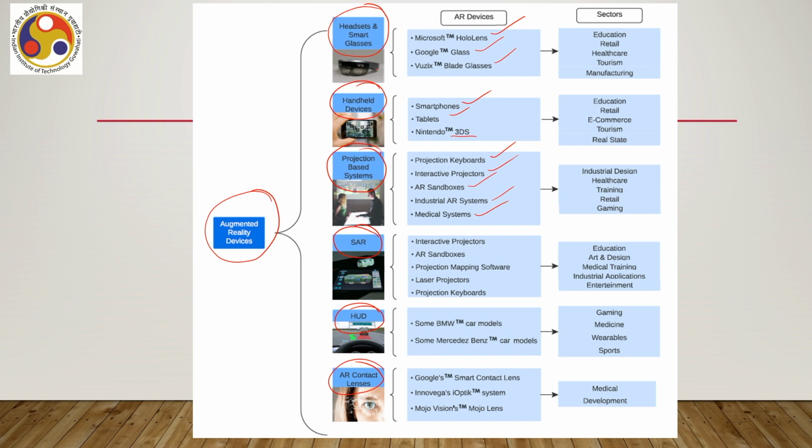Then under the spatial AR devices we have interactive projectors, which was also part of the projection based systems, but we will discuss them separately. Then AR sandboxes, projection mapping software, laser projectors, projection keyboards and so on.